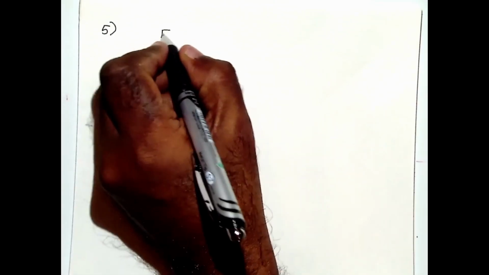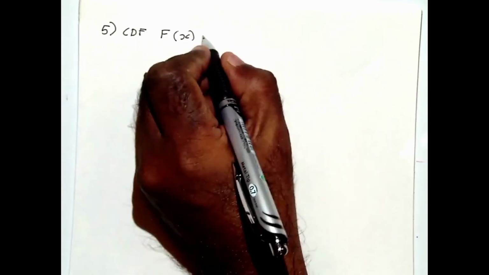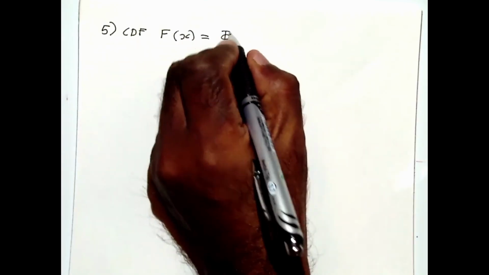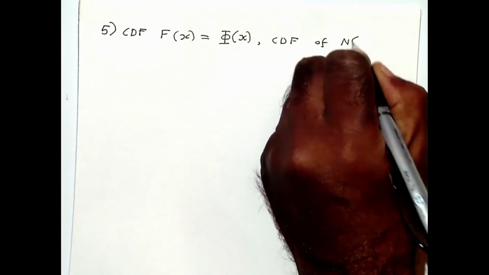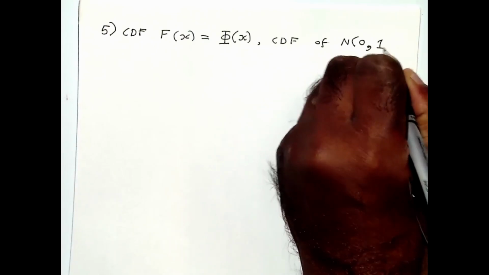Part 5 is the standard normal distribution. So the CDF F of x is equal to phi of x, which is the CDF of the standard normal distribution.